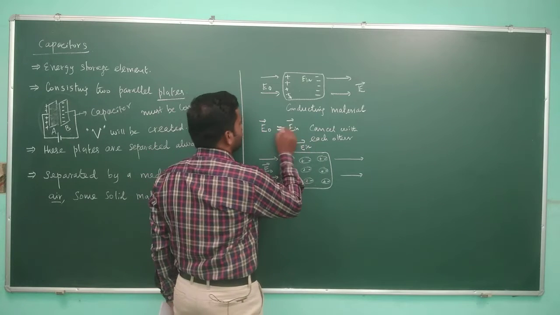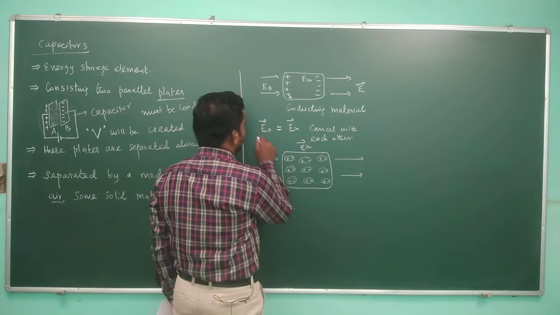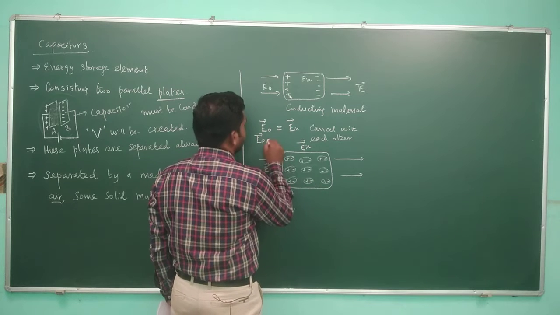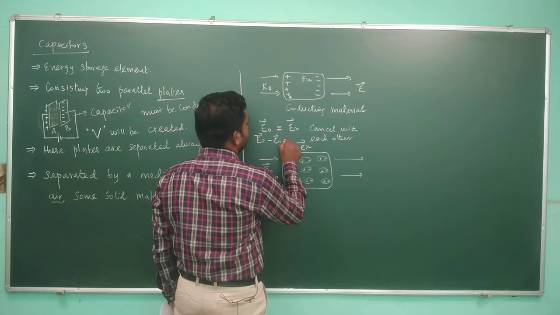In the conductor case, both are equal, so E naught in one direction and E n in the other direction, so the difference becomes 0.